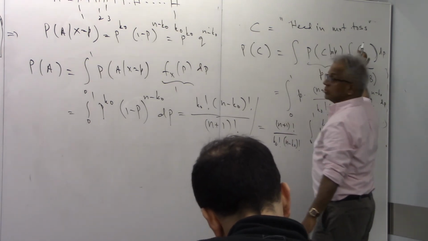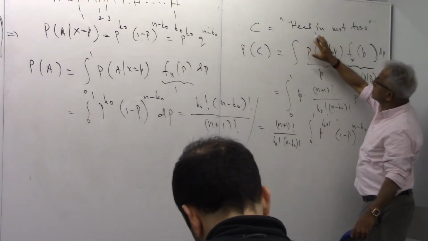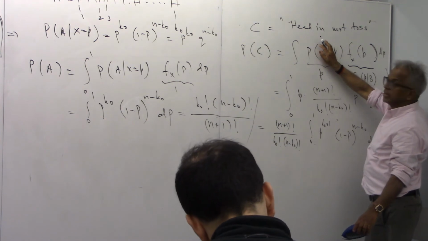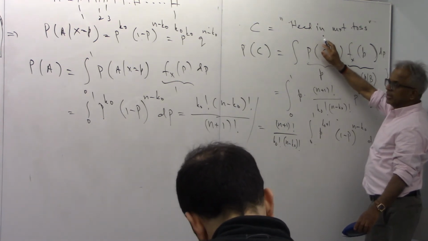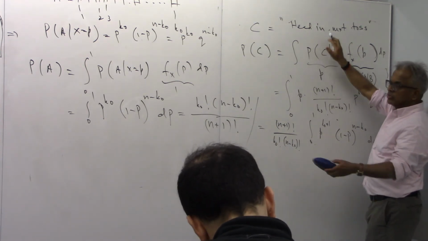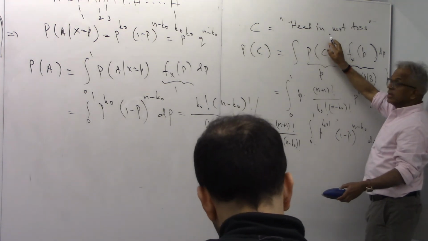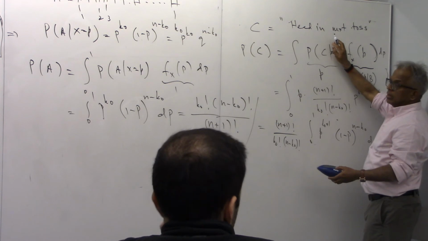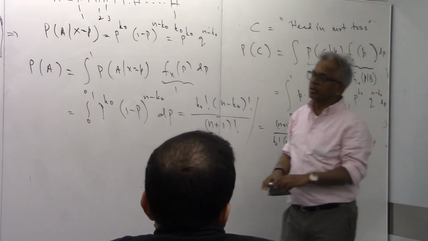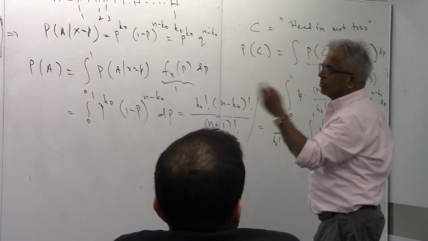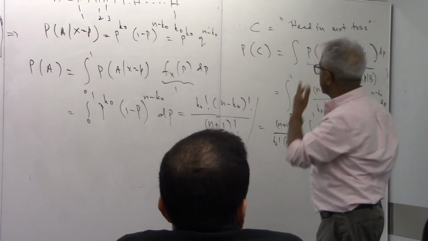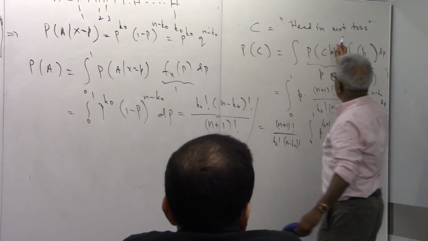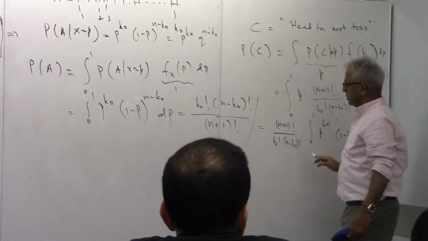So I hope you understood the logic here, right? This is simple. This C is simply the probability of getting a hit in the next toss. All the tosses are independent, given that X is, of course, the random variable representing the probability of getting a head. So if X is given to be p, then this is just a small p.